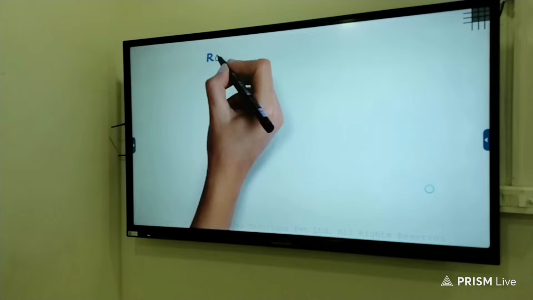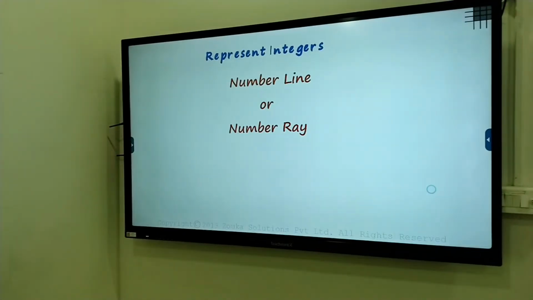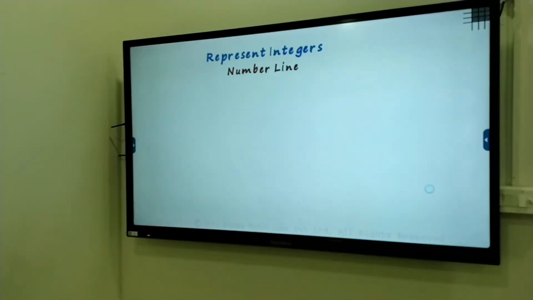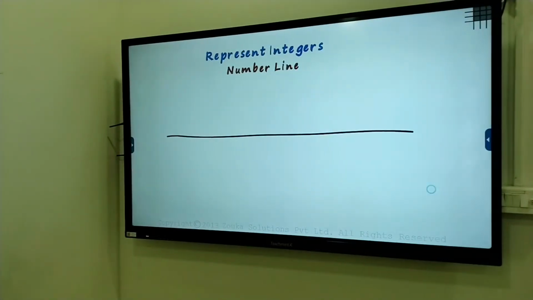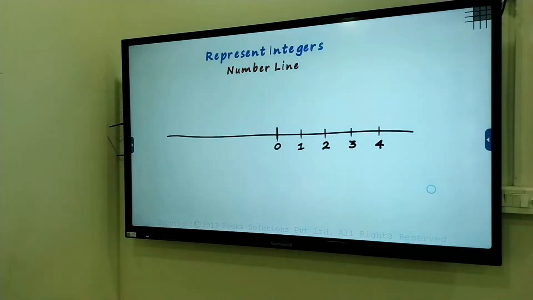What is the best way to represent integers? Yes, it's the number line. What is a number line? It's simple. It's just a line like this. We mark the number 0 in the center. Towards the right, we mark all the positive integers, like 1, 2, 3, 4, and so on. But wait, they're not marked randomly. They are marked at equal intervals. The distance between any two consecutive integers on a number line is always equal.